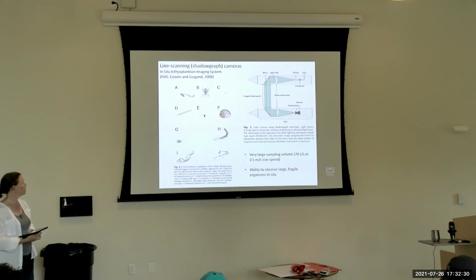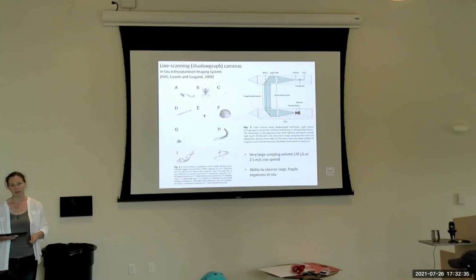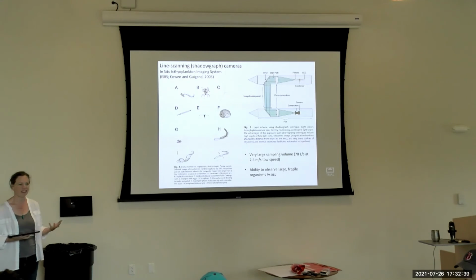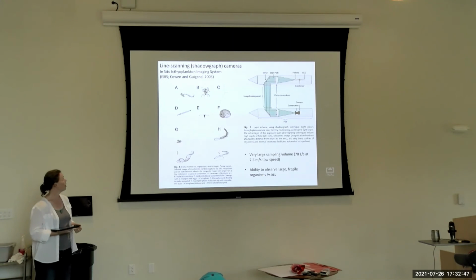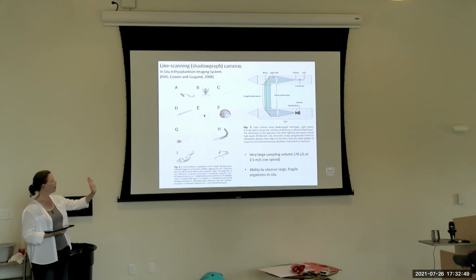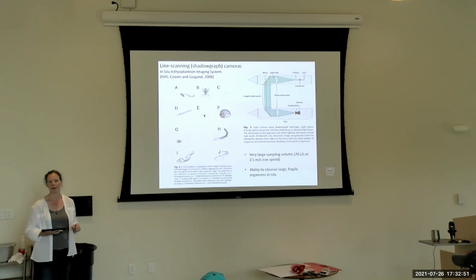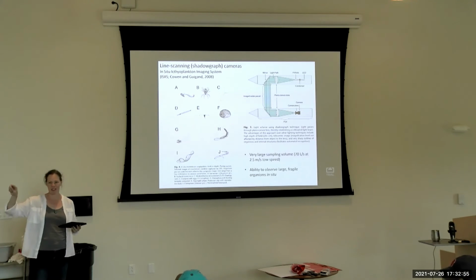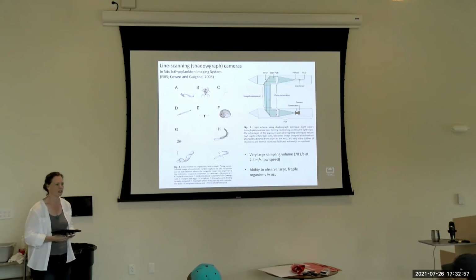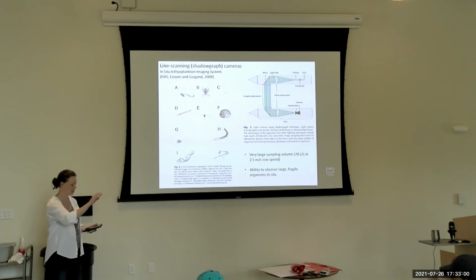And the point is to image things that are much bigger, particularly fragile or gelatinous organisms, fish, things that you can't necessarily collect and count in any other way, like in chemical net processing or anything like that. So it's the very far, large end of the size spectrum of imaging systems that I showed in one of the introductory slides. This is one of the very biggest things.